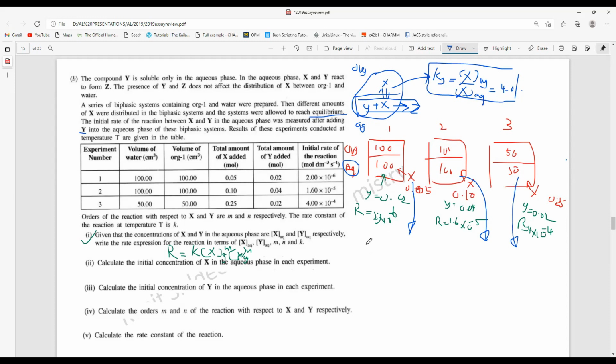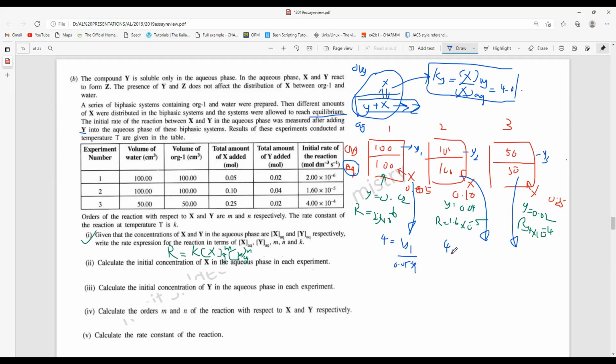Since the volumes are all equal here, you can write a statement: since the volumes are equal, for the KD expression I can use the amount of moles. If you think the amount of moles in the organic phase here to be Y1, here Y2, and here Y3, you can directly write 4 is equal to Y1 over 0.05 minus Y1.